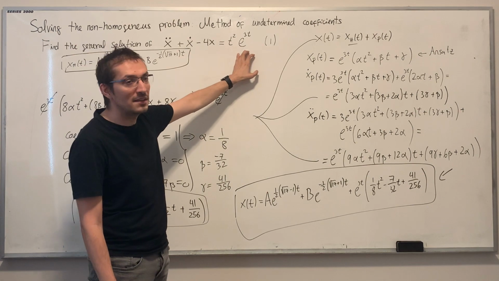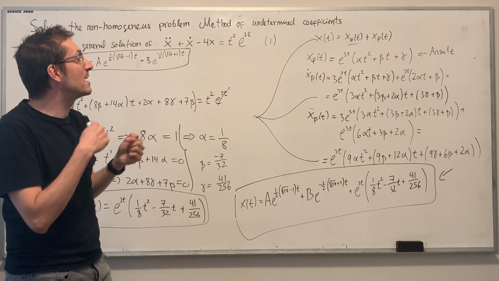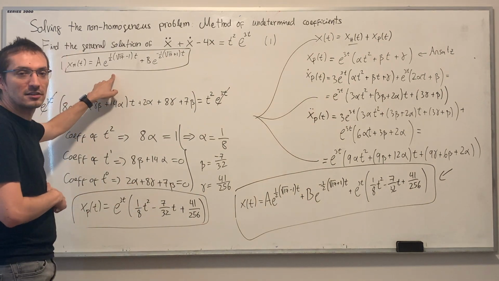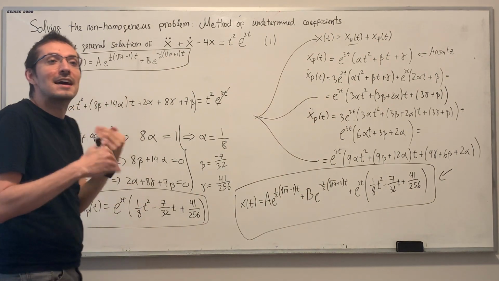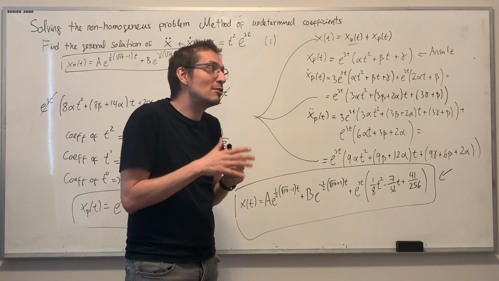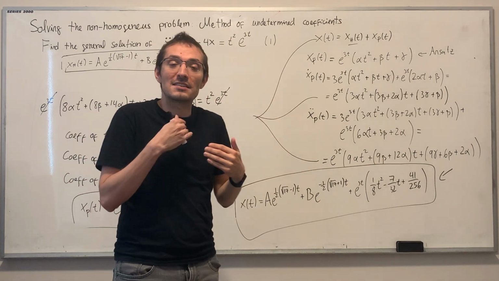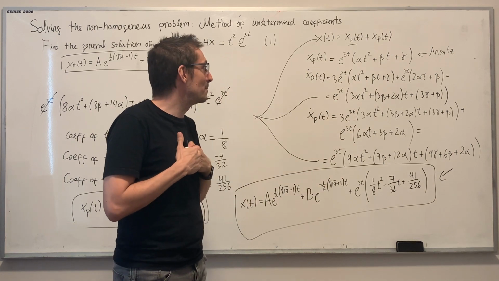If that had been the exponent, then there would have been a non-zero overlap between the inhomogeneity and the general solution to the homogeneous problem. And in that case, things are not as simple. We need to upgrade our answer. It's not going to be valid. That we will discuss in our next video.